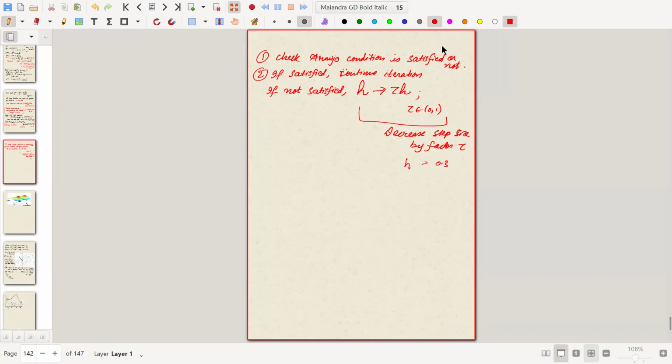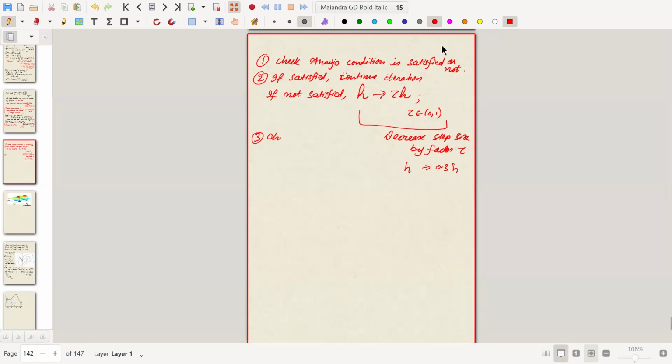Previously it was h, now it will be 0.3 h. So it decreased, right? Tau h is indirectly saying decrease the step size by a factor tau, nothing else. Then third, once you decrease the step size, check again whether the Armijo condition is satisfied or not.